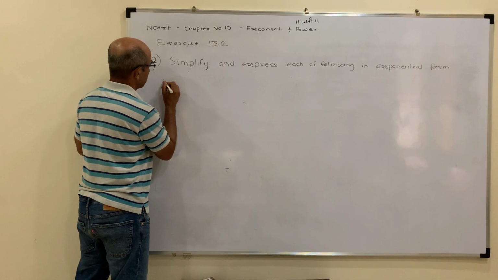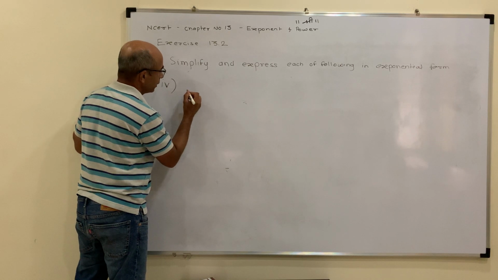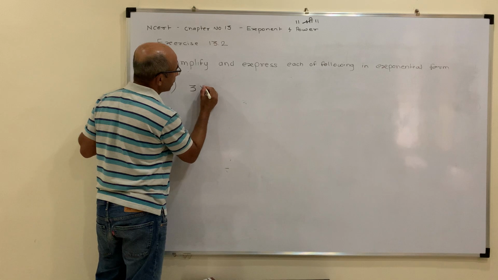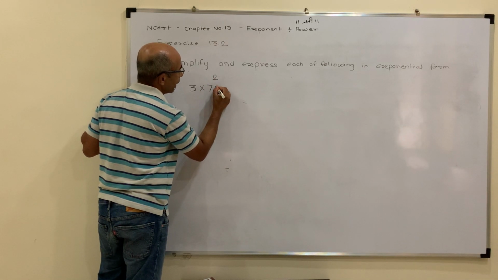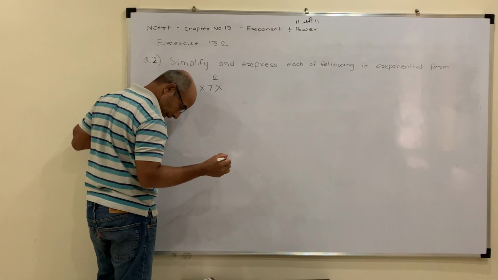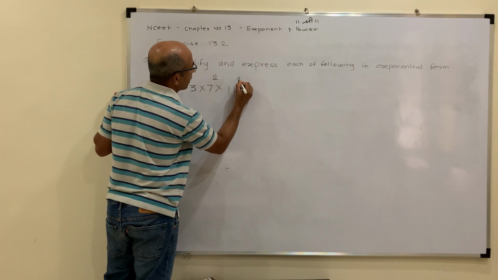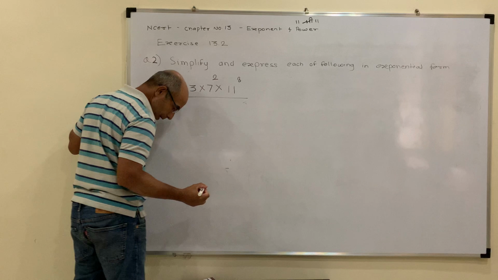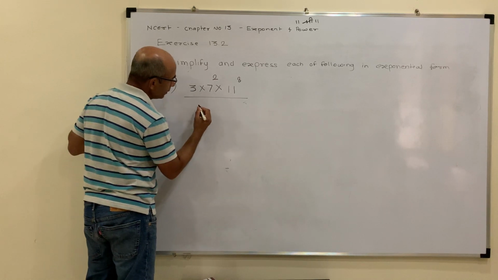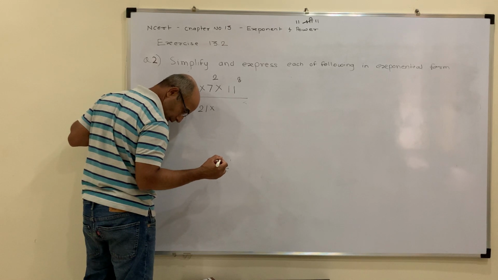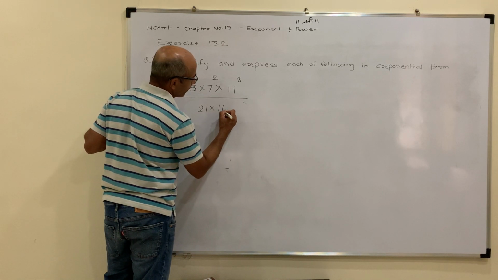No, so it's the fourth one. 3 into 7 square into 11 raised to 8 divided by 21 into 11 raised to 3.